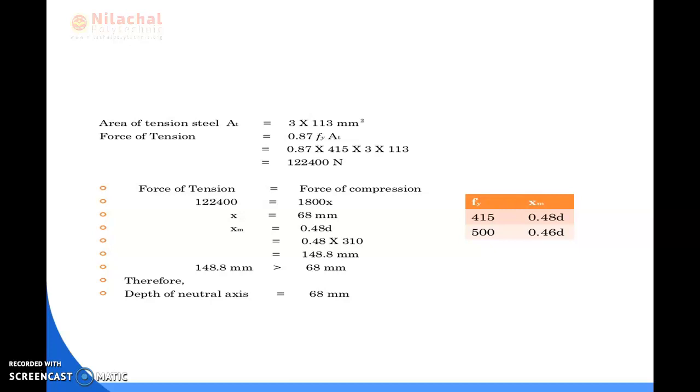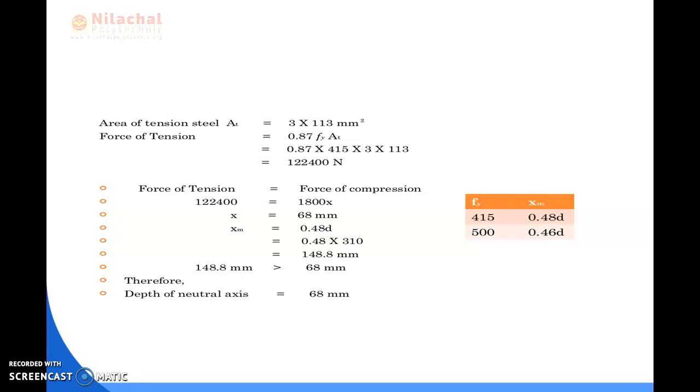The force of tension is 122,400 Newton and the force of compression is 1800 x. So x is equal to 122,400 by 1800.